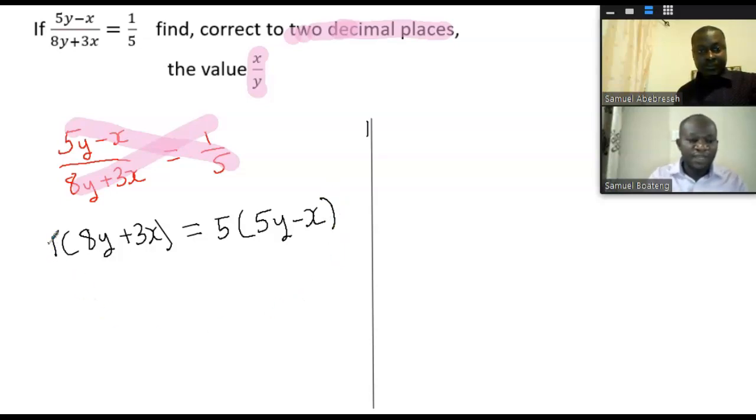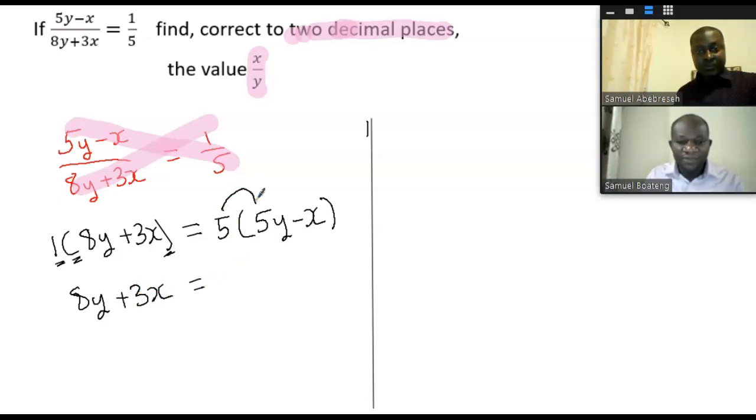Okay, so we have expressions in brackets, so let's remove the bracket. Here 1 times 8y will give you 8y plus 3x equal to 5 times 5y will give you 25y, and then we have minus 5x.